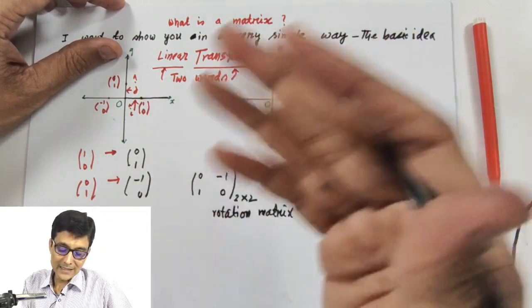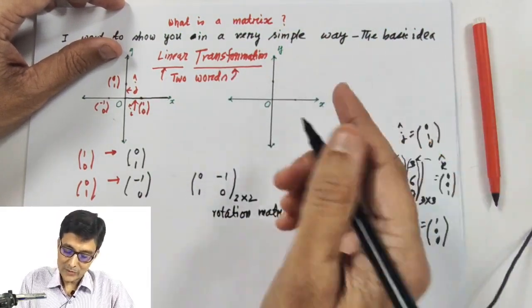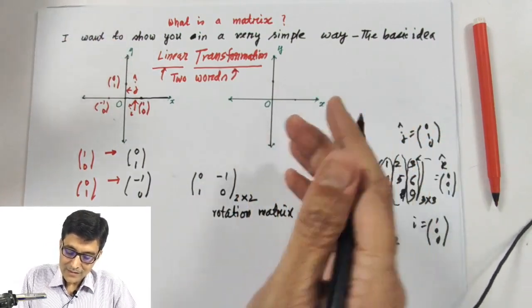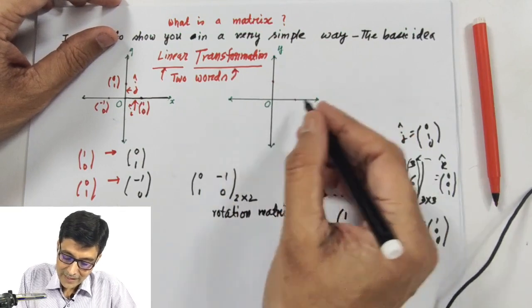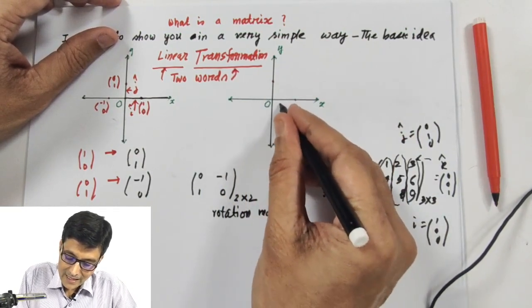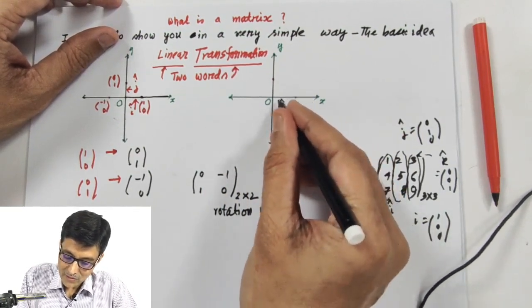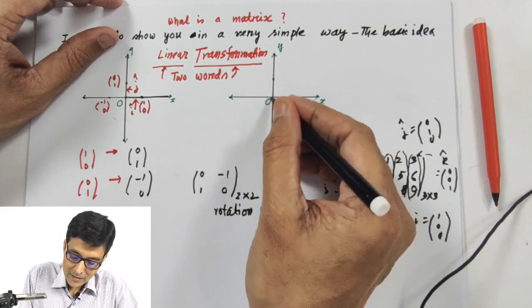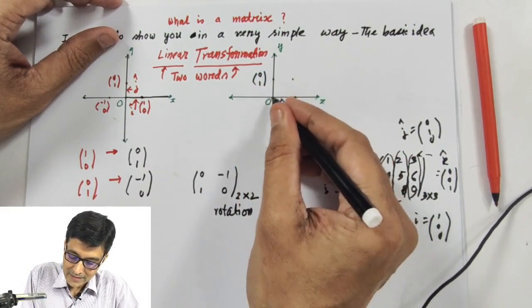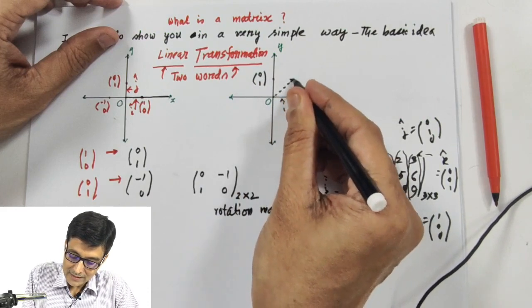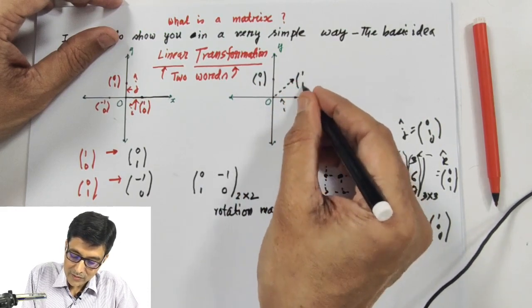We can consider another matrix likewise. Say, for example, not rotation but a shear takes place. In a shear, i remains i, so this point will not move, but this point 0, 1 will go to here, so it becomes 1, 1.